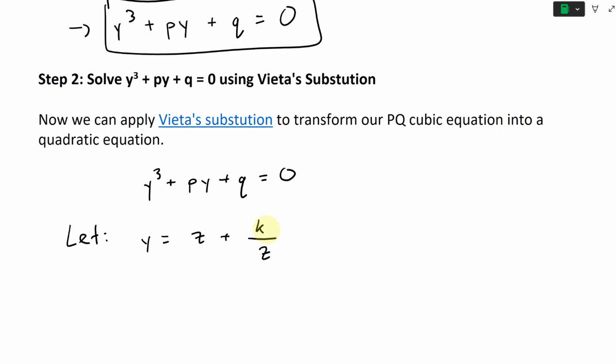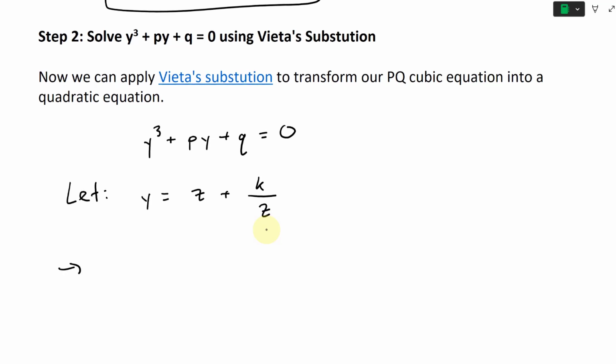So we put this inside: we get z plus k over z, then cubed, plus p times z plus k over z, and then plus q equals 0.